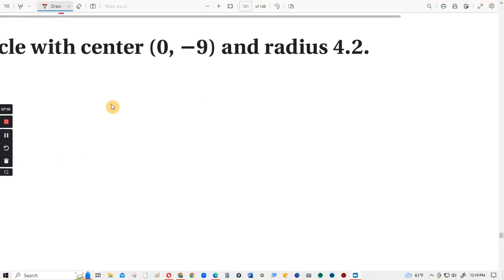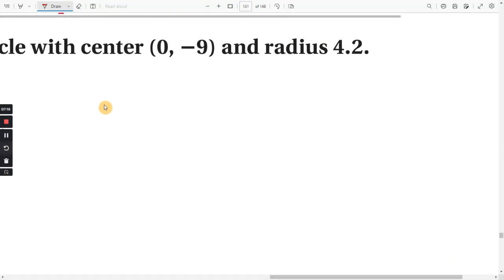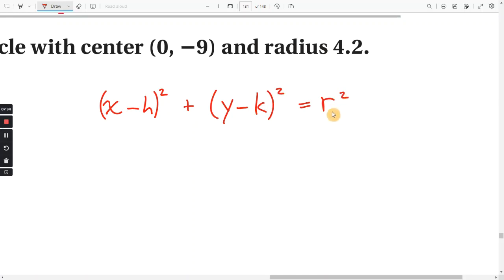We said a minute ago the equation for the circle is going to be (x minus h) quantity squared plus (y minus k) quantity squared equals r squared. I know in the previous example I had r squared over here, but it's the same thing.